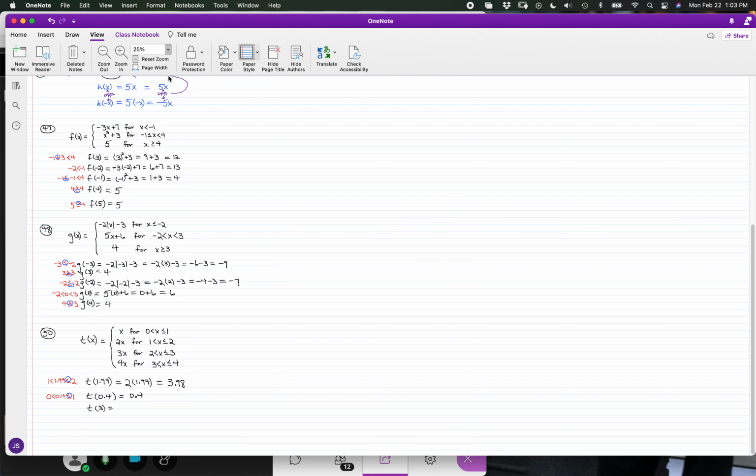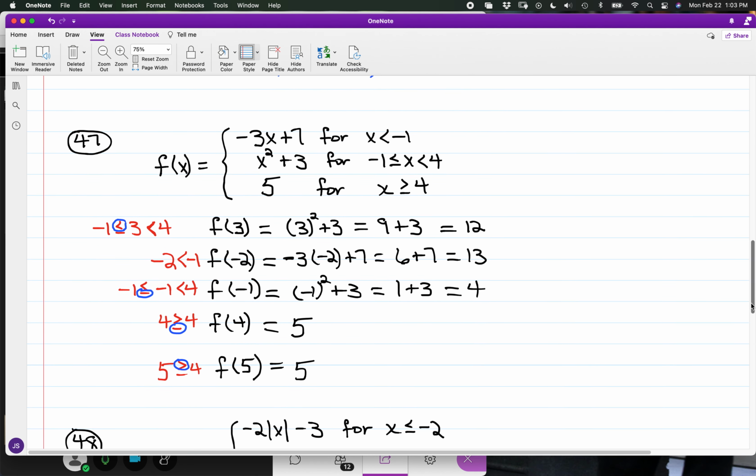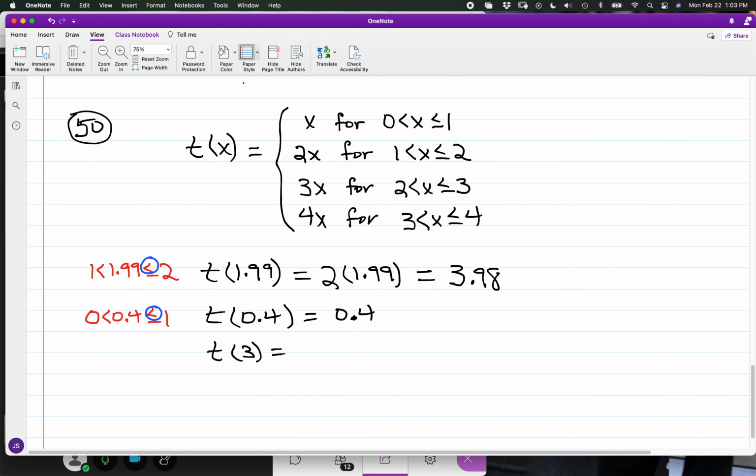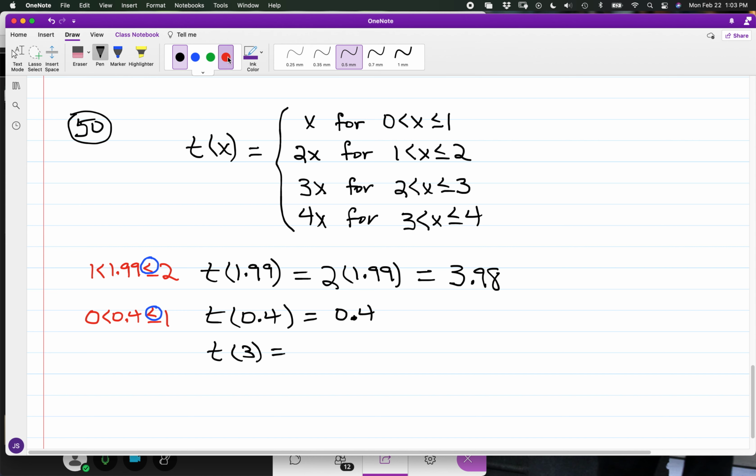So 2 is less than 3, that is true, and 3 is less than or equal to 3, and that compound inequality is true thanks to the equal. So we take 3 times x. For t of 3, that is equal to 3 times 3, and that is equal to 9.